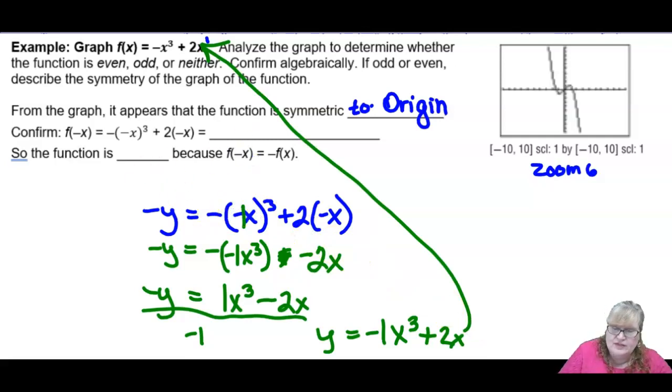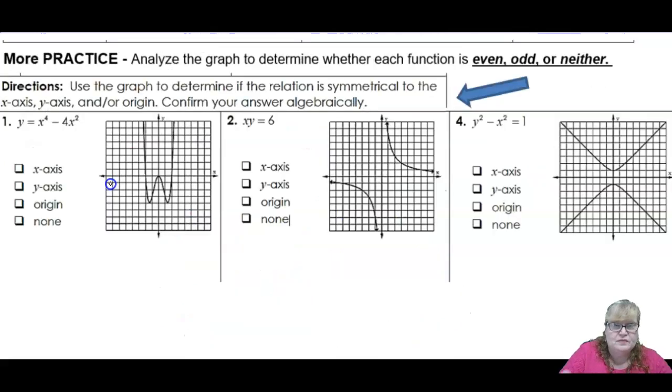Okay, that really goes on this blank right here, I guess. So the function is origin symmetry, means the function is called odd. All right, symmetry to the origin is called an odd function.